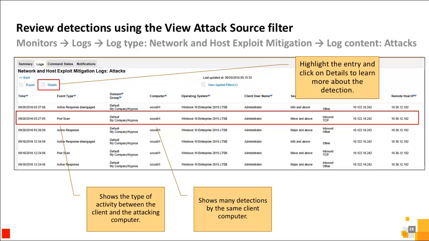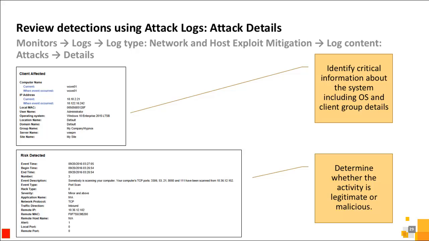Highlight an entry and click Details to learn more about the detection. In the attack details, identify critical information about the system, including OS and client group details. You also determine whether the activity is legitimate or malicious. In this example, WCWS01 detected a port scan from the attacking server.